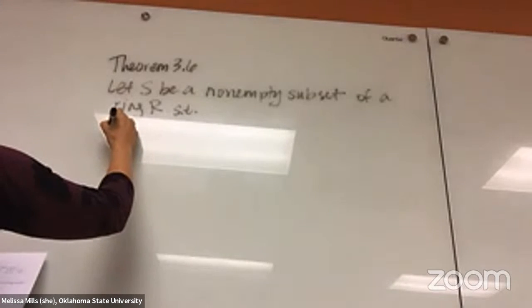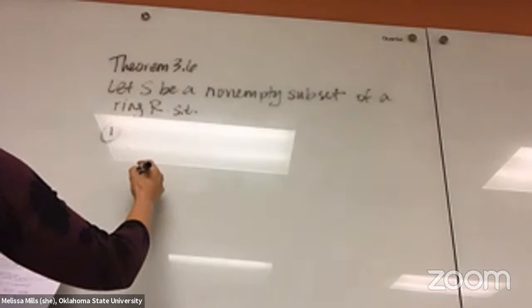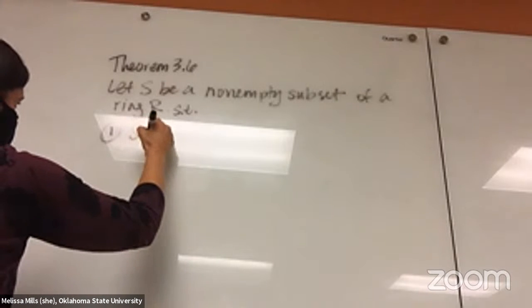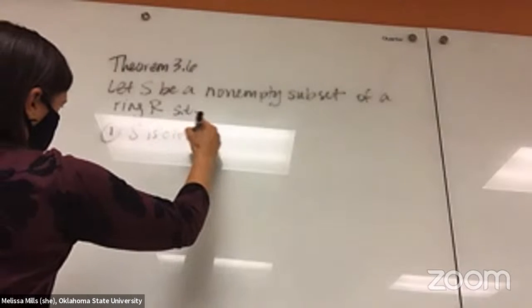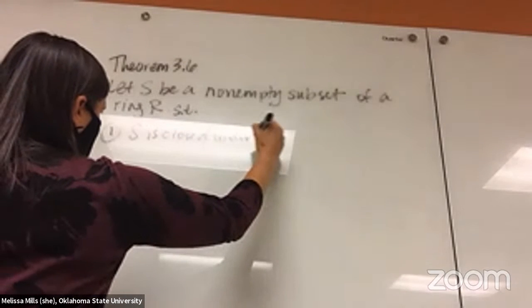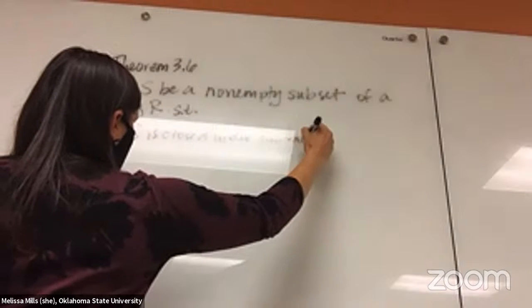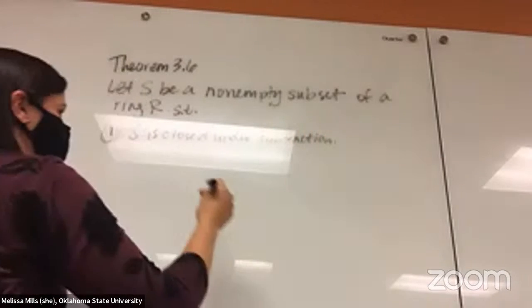Okay, so this only has 2 things. We have S is closed under subtraction. So what does that mean?